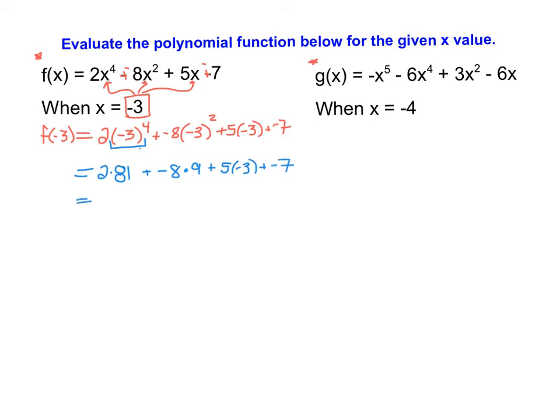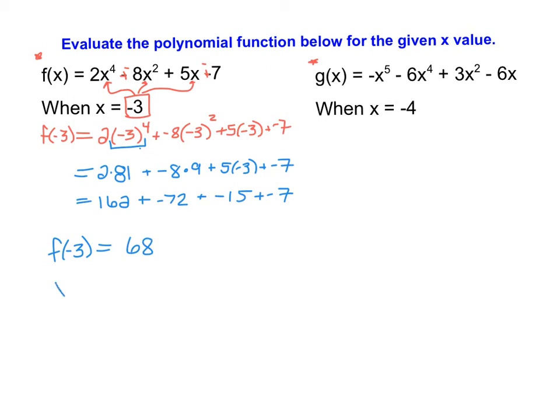So here I then have 2 times 81, which is 162, plus -8 times 9 is -72, plus -15, plus -7. Now that I've performed all of the exponents and multiplied out all of the multiplication, I can simply add those values together to find that f of -3 equals 68.